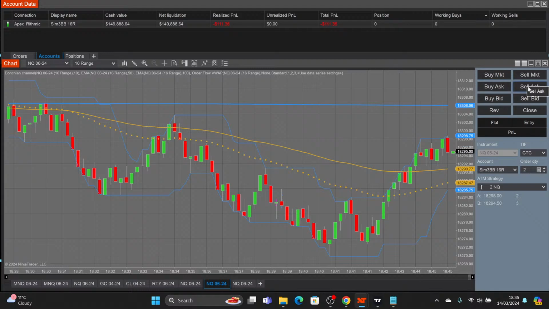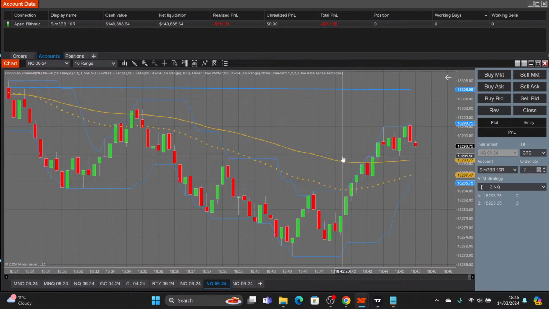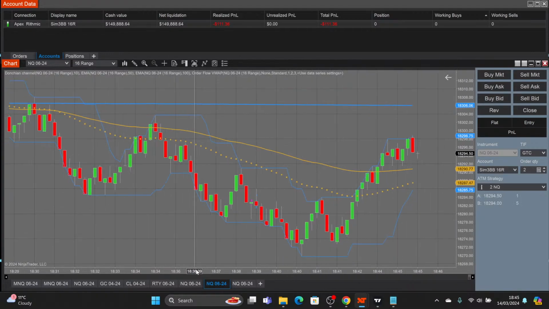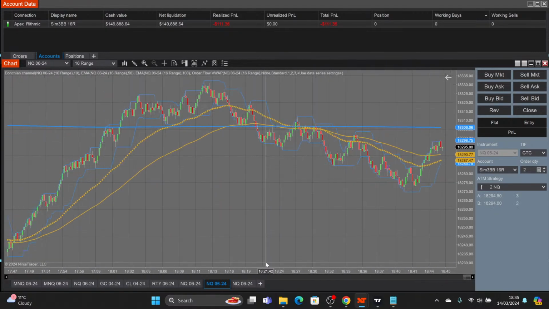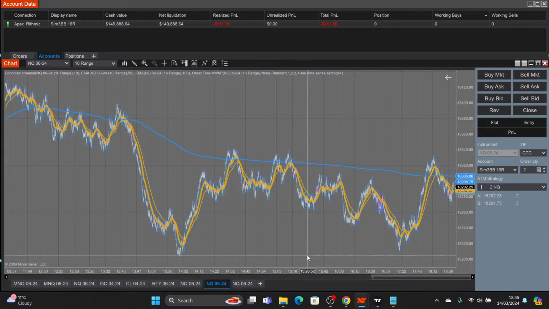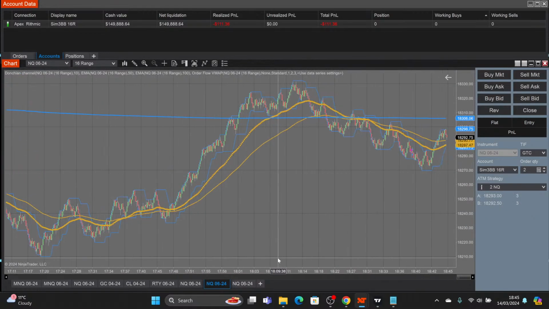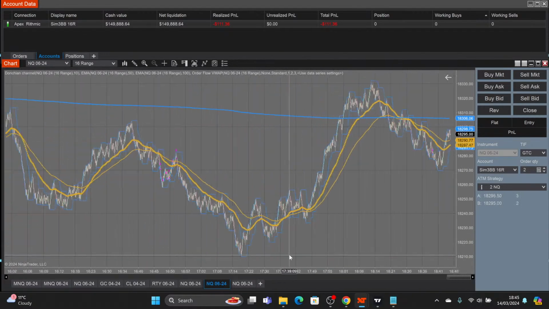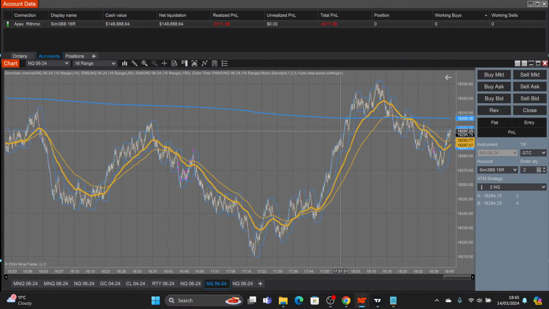Seeing this continued move to the upside here. Still biased to the short side. Still biased to the short side here. How this move up, how this pull back.